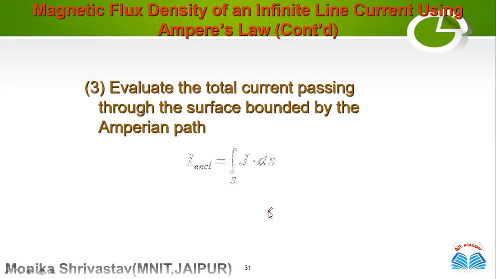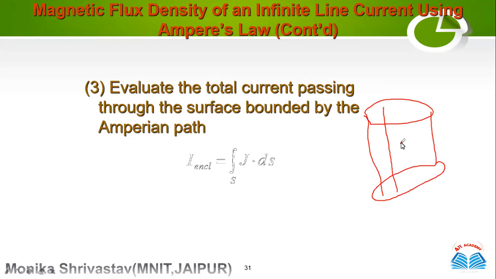And the third step we will do: evaluate the total current passing through the surface bounded by the Amperian path. Like this was your wire, line wire, and the conventional symmetry we are making, a cylinder we are making as a conventional symmetry, and we have to find out the total current.